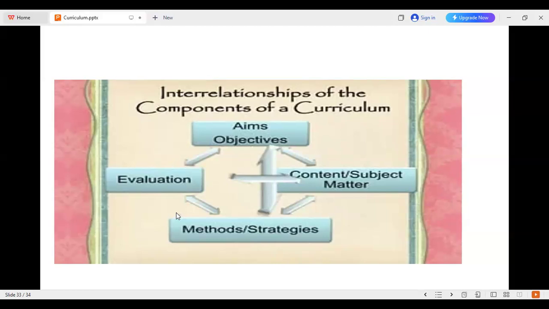In 2013, we added new streams in A-level, biotechnology and engineering technology, as subject and content matter. Already we had only the arts stream, commerce stream, and science stream. When they introduced the reform, they included new streams, biotechnology and engineering technology. Method, strategies.